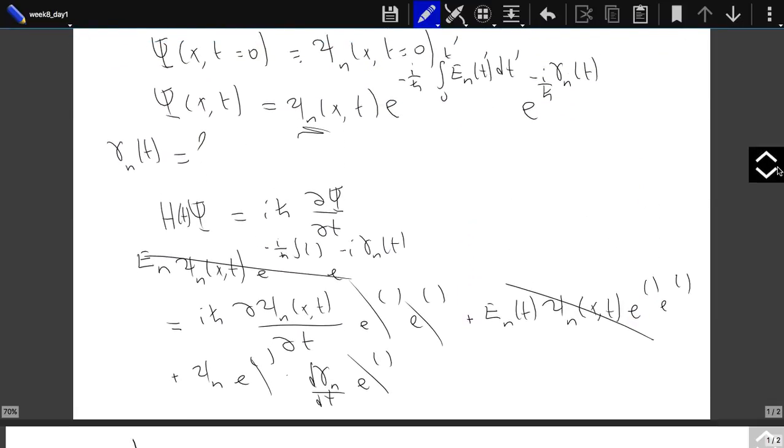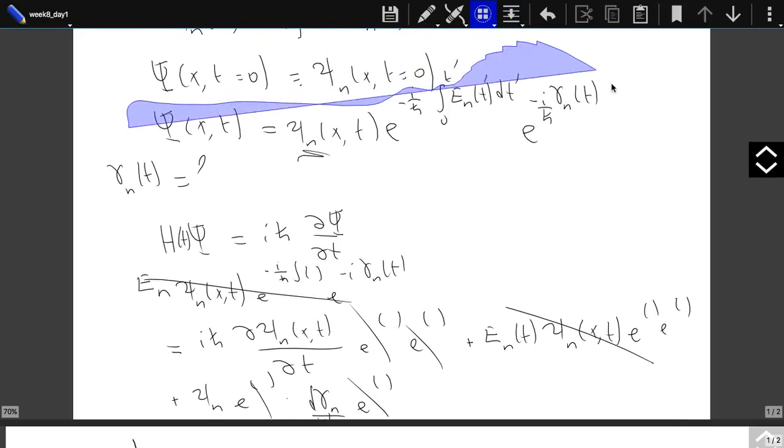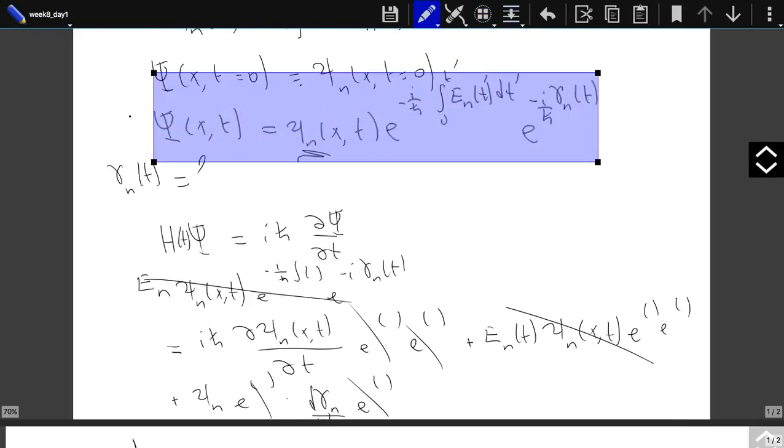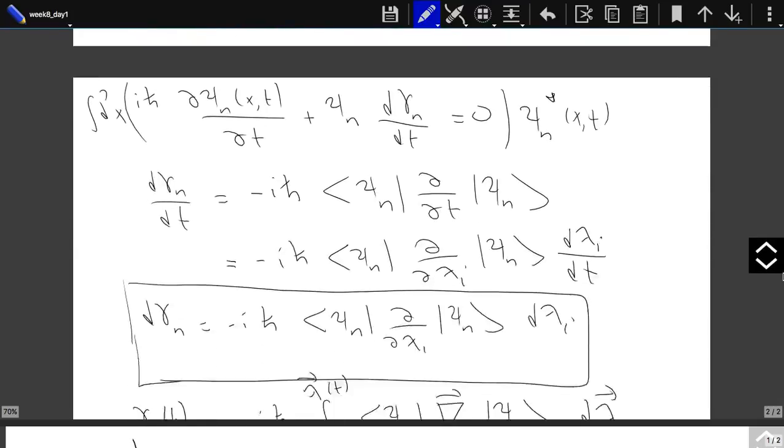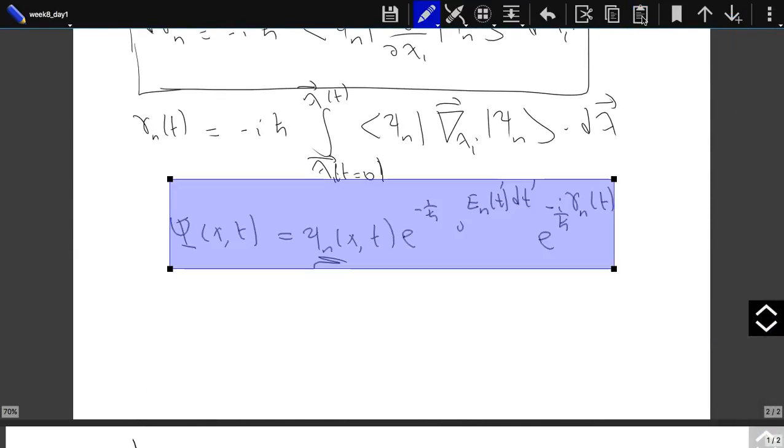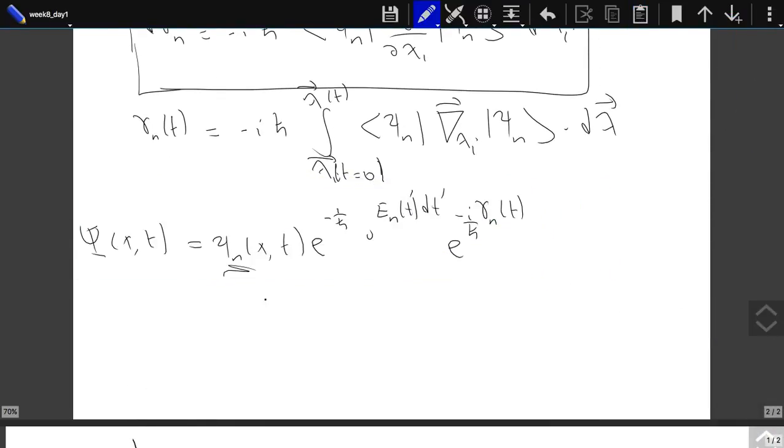Now if you come back, this was our wave function. Okay, this was the wave function we have.